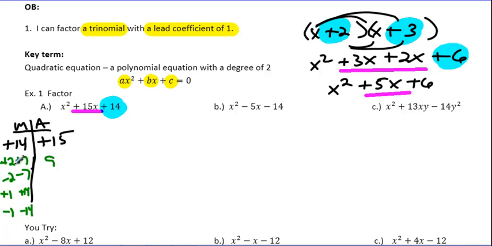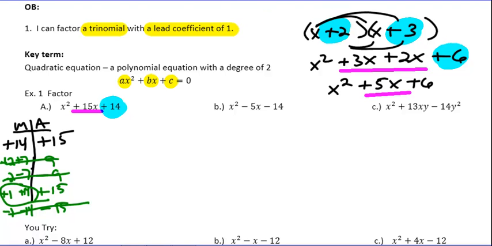Well, this is going to be 9, not good. This is going to be negative 9, not good. This is positive 15, we have a winner. This is negative 15, and that's no good. Your goal is to find these two numbers as fast as you can. The better you get at this, the more practice you get, the faster this is going to go, and it's going to make it so much easier.